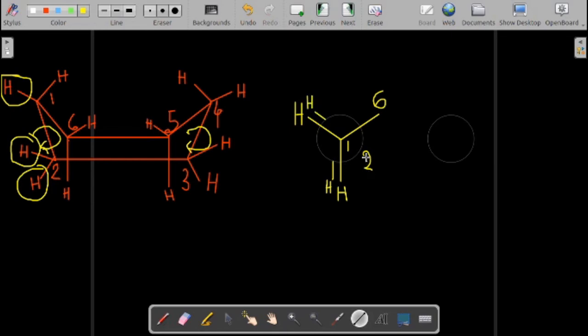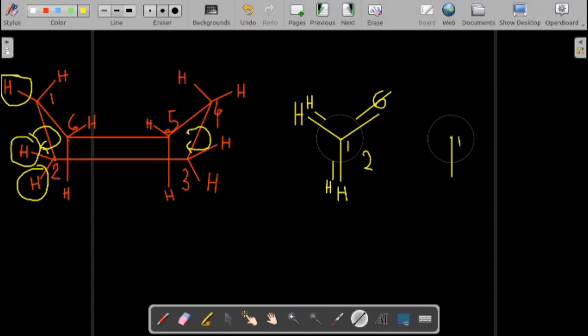And this C2 carbon is connected to the C3 carbon. Now we consider the rotation about the C3 and C4 carbons. So here also we get the hydrogen at this position for the C3.